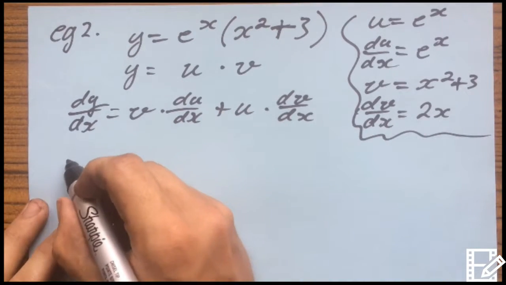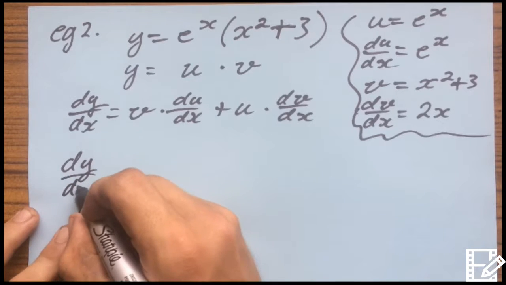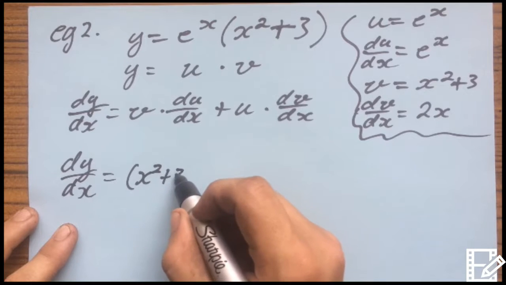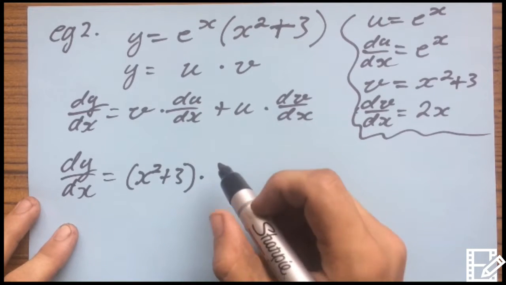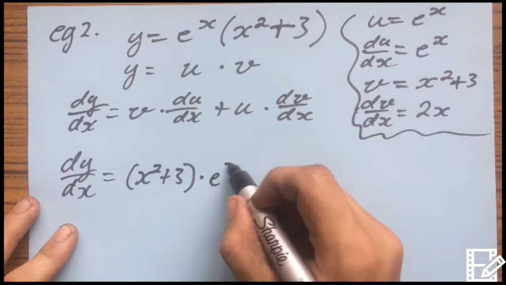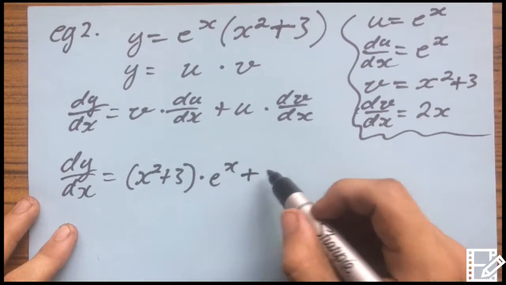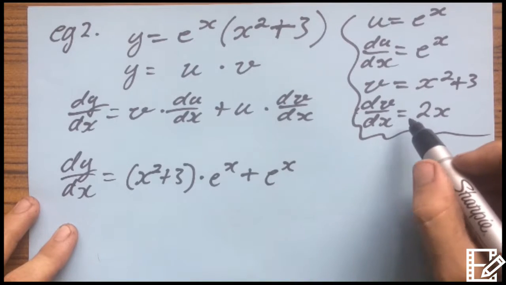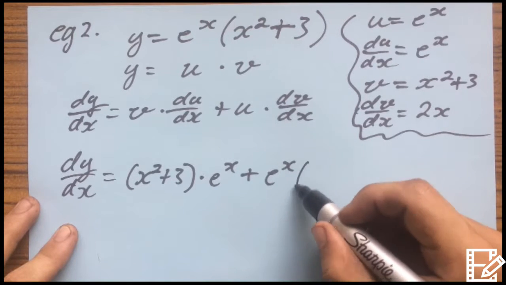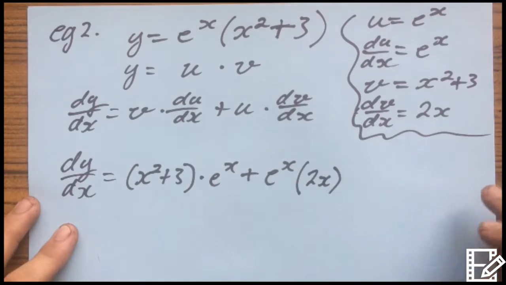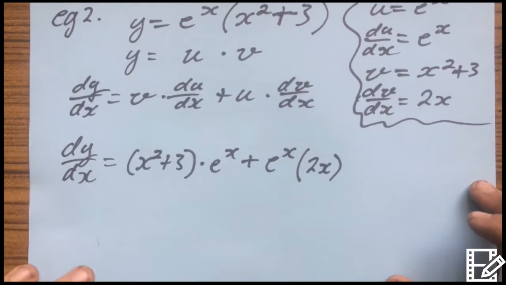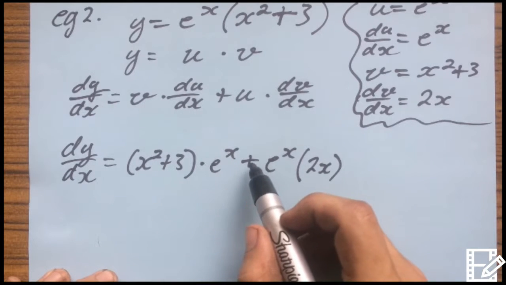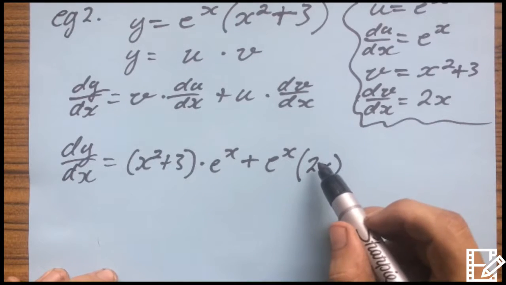And so, if we sub these numbers in, we end up with v, which is x squared plus 3, multiplied by e^x, which is the derivative of u, plus u, e^x, multiplied by the derivative of v, which is 2x. Now just like before, we have e^x multiplied by this, plus e^x multiplied by this.